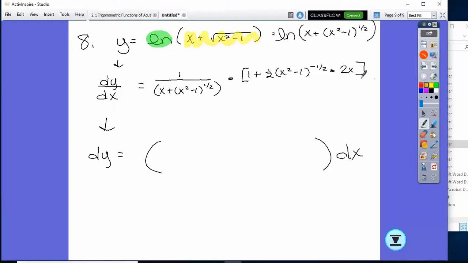A 1/2 and a 2 would cancel. So we have this times, here we have 1 plus, that negative would put that on the bottom.